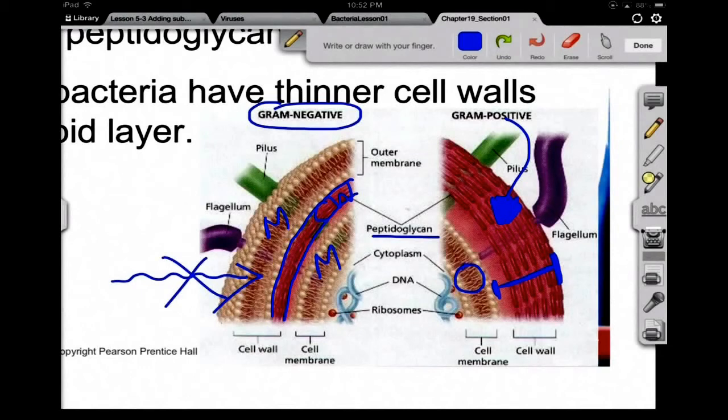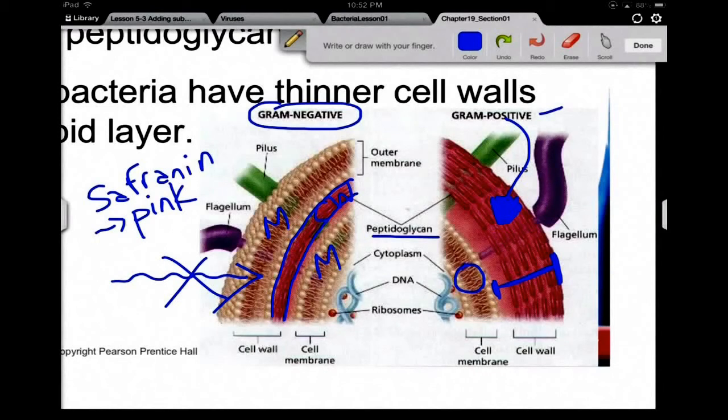These ones take what's called the counterstain. They take safranin, and they'll appear a light pink color, whereas these will be dark or purple when you look at them under the microscope.